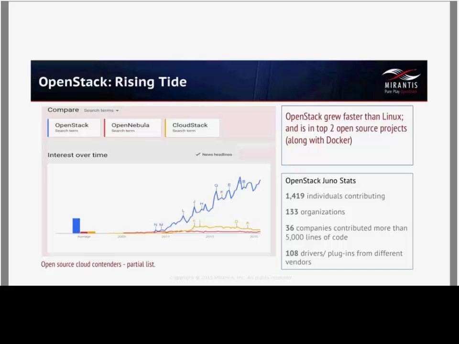There's over 1,500 people now contributing. A lot of organizations, a lot of companies, including my own, in the number 3 spot with the last revision of OpenStack called Juno, contributed a great deal of code. And a lot of vendors are creating plugins and drivers and add-ons so that user choice is actually being emphasized as the project vision said it should be.